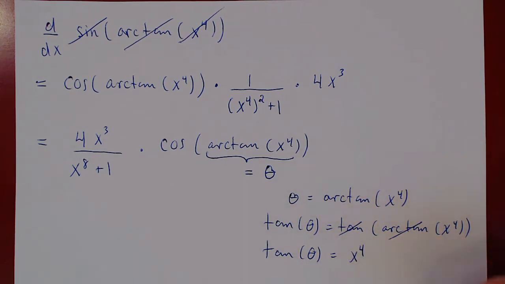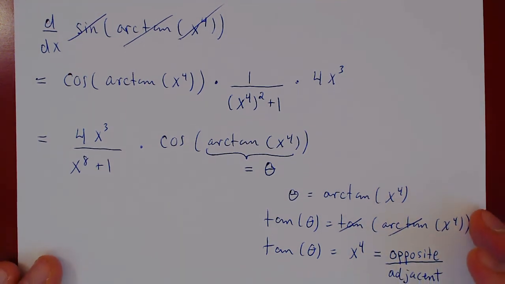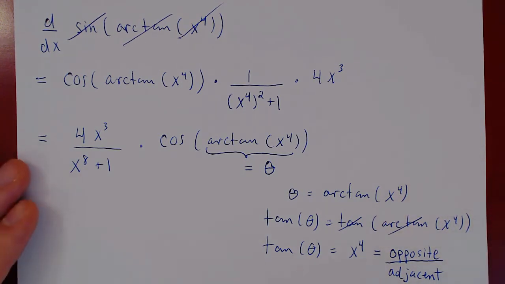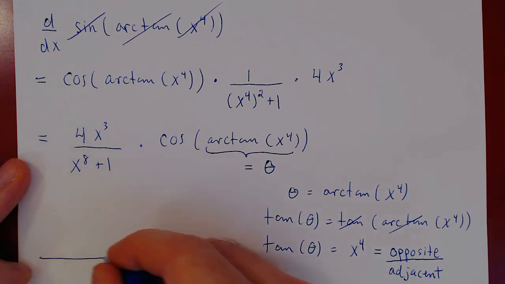Remember now that tangent, if you think of your trig SOHCAHTOA, is the opposite side over the adjacent. And now we can build a right triangle where the angle is theta.